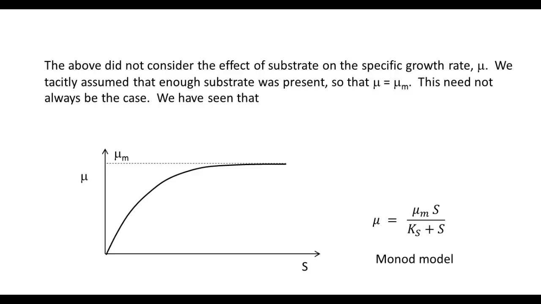We have seen this. This is the mathematical representation of the variation, the Monod model of mu's variation with S. The specific growth rate is mu m times S by Ks plus S. This variation would affect the growth rate, and therefore that will ultimately affect the time that it takes to achieve a certain cell concentration in batch, if it is possible.